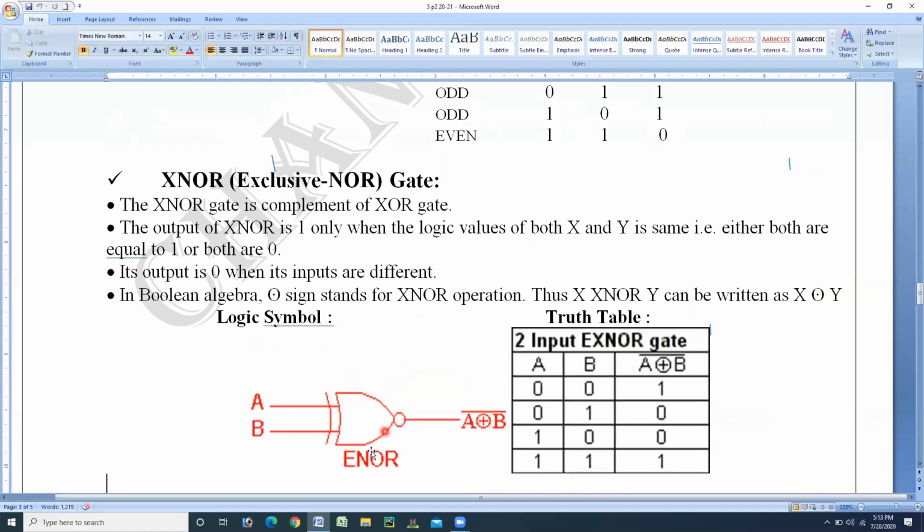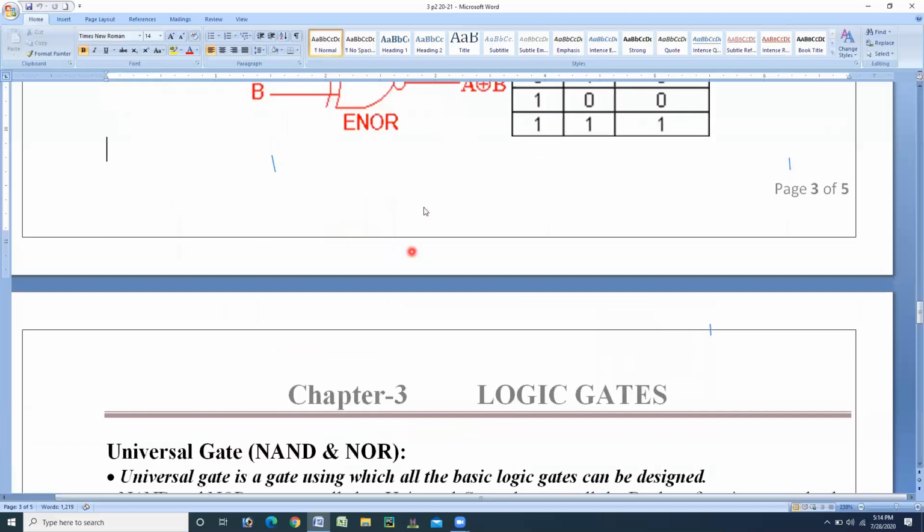If this 0 is input for this NOT gate, then the output becomes 1. That's why I said that the XNOR gate is the complement of XOR gate. So this is all about exclusive NOR gate.